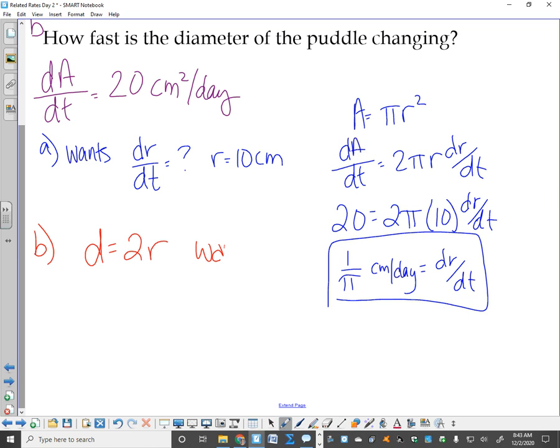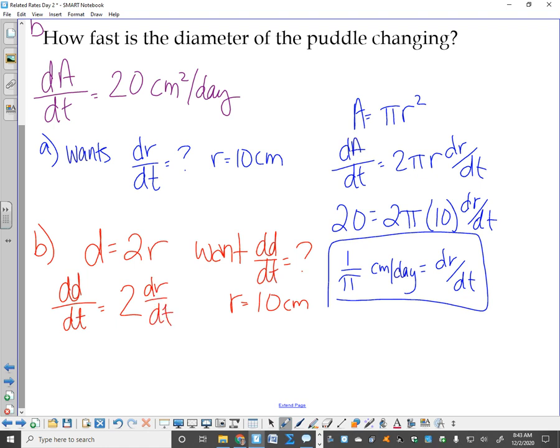I want how fast the diameter is changing, dD/dt, when r is still 10 centimeters. So the derivative of that would be dD/dt equals 2 dr/dt.